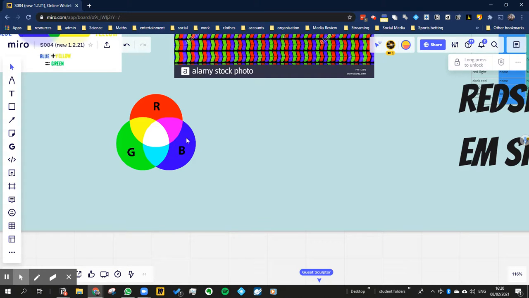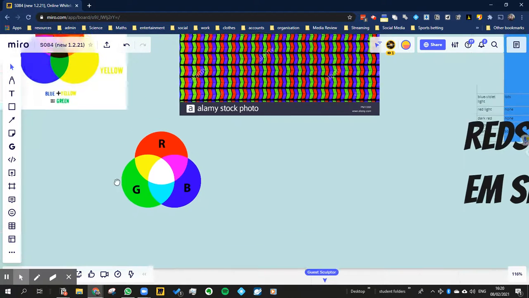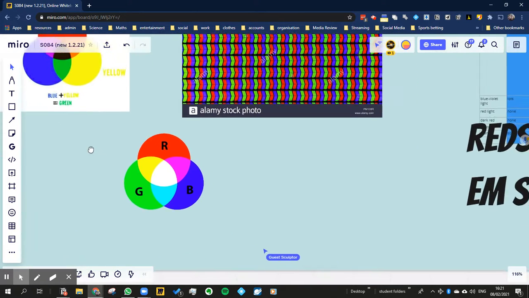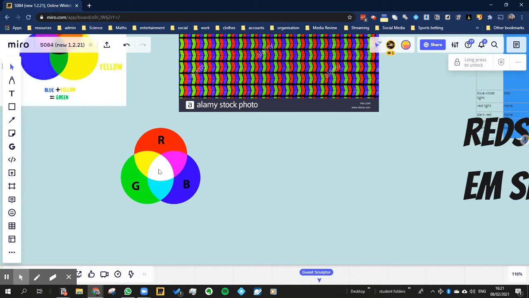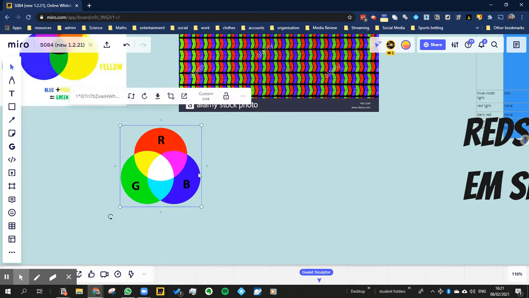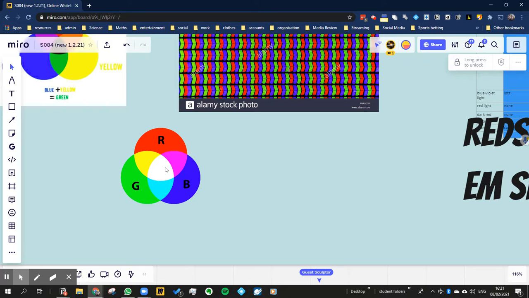So it seems a bit weird because we always think of white as being nothing. Like you start off with a plain white sheet of paper and there's no paint on it. So it seems a bit odd to think if I cover this in colour, it's going to make white light. It feels like it would do the exact opposite. But again, that's when you mix with paint, not with light. So a good way to think about how this would make more sense is if you think the more light I get, the brighter it would be, and the brightest colour there is white.